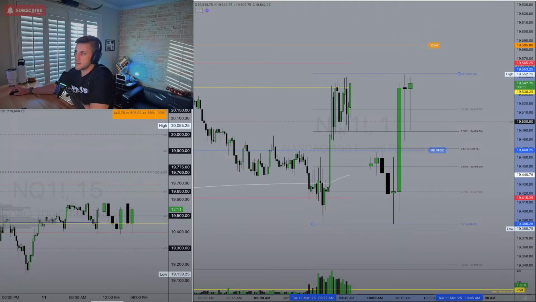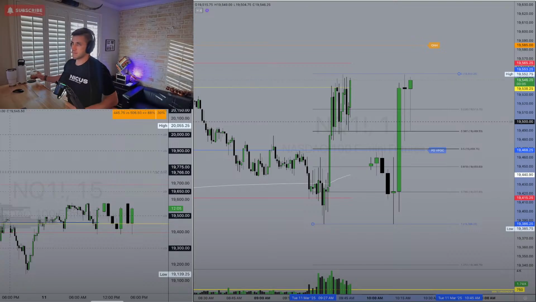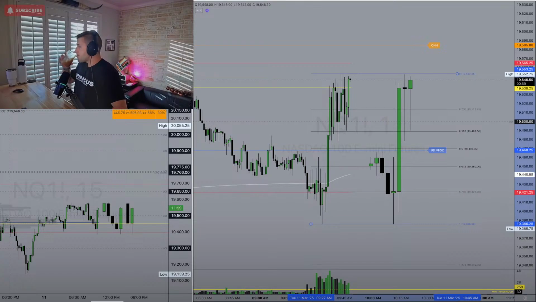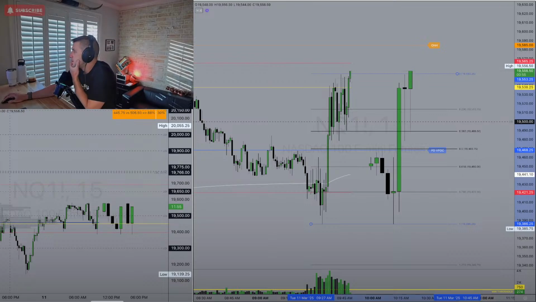See how this structure resolves. See if we get a new high. All right, NQ new high of day. Overnight high, upside reference point.